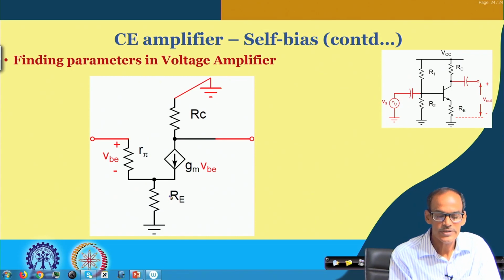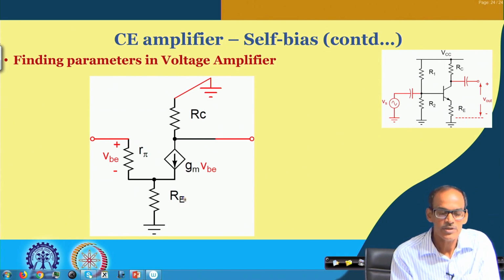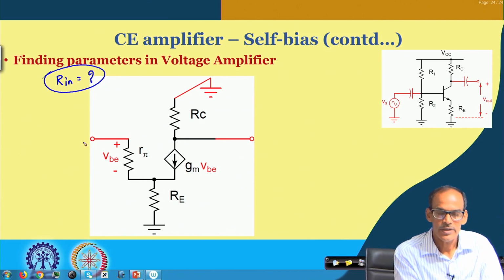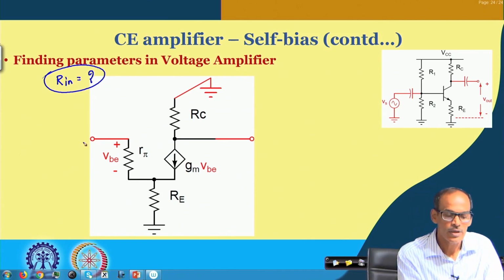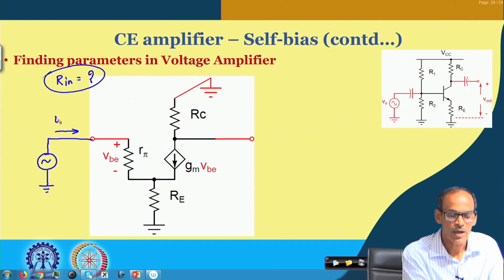So, what we have is the main circuit, and whenever we are going to find a small signal parameter, in this case maybe the expression of R in, as a generalized methodology, at the input we will be stimulating the circuit by a known signal source, and then monitoring or observing the corresponding current, say I x.